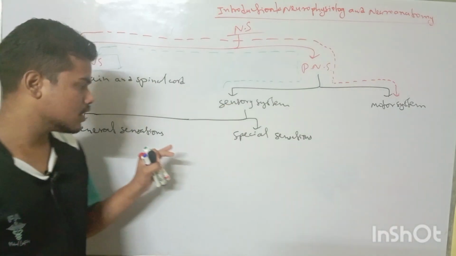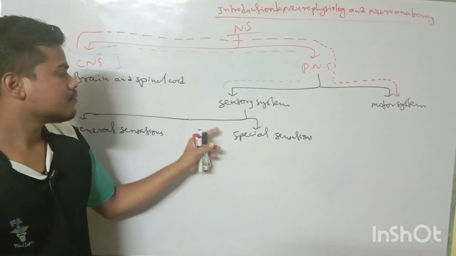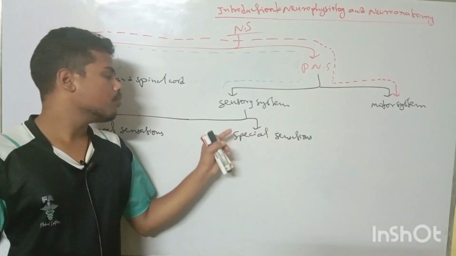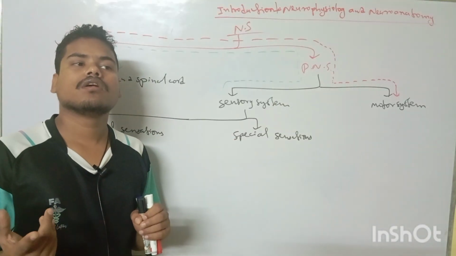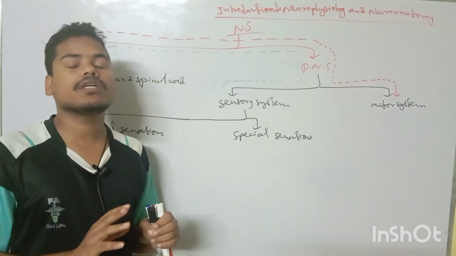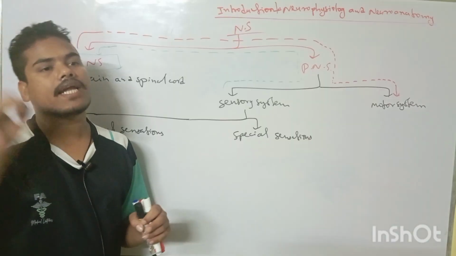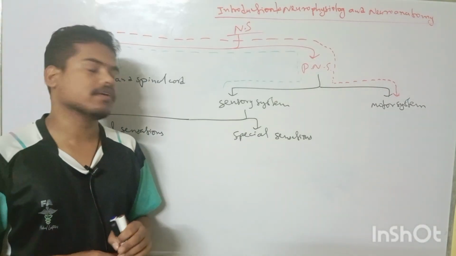First distinguishing point. Second, which is very important, these special senses are those sensations that are perceived by a specialized type of receptor through a specific or specialized organ that we call the sense organ.